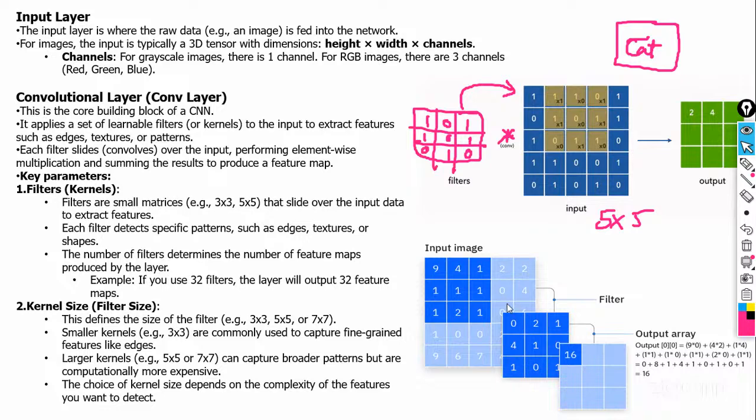Then 2 multiplied with 4, 8. 1 multiplied with 1, 1. In this way, each and every value gets multiplied and they get summed up to get the final value. This is nothing but convolution operation, right?